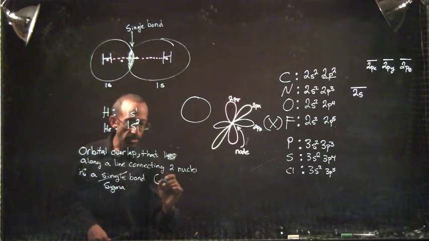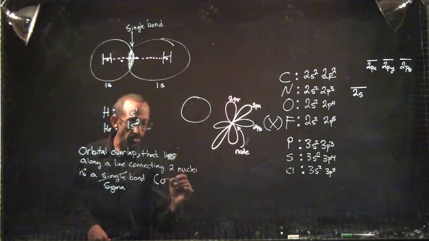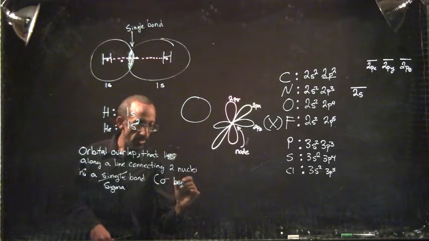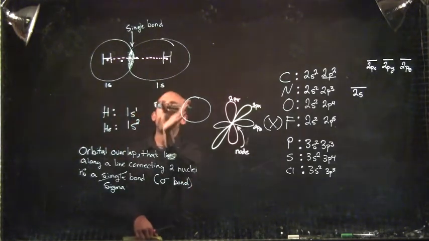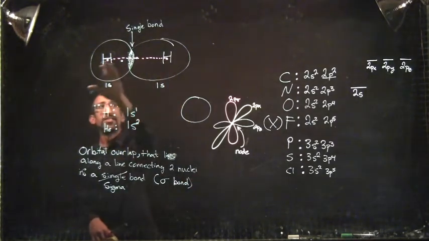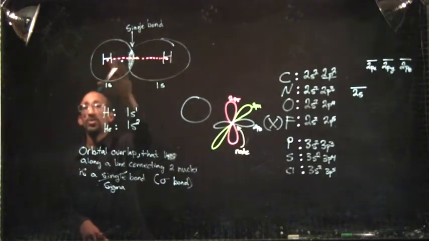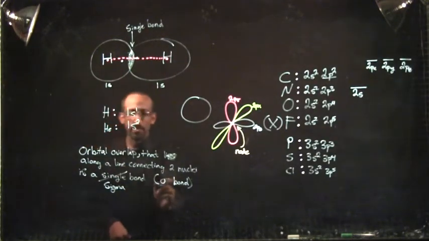And so we'll use our Greek symbol sigma to describe these types of bond. Any bond where the orbital overlap lies along the same line that connects the 2 nuclei is a sigma bond.